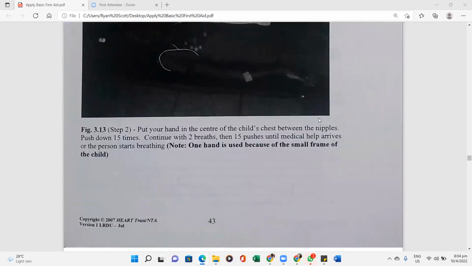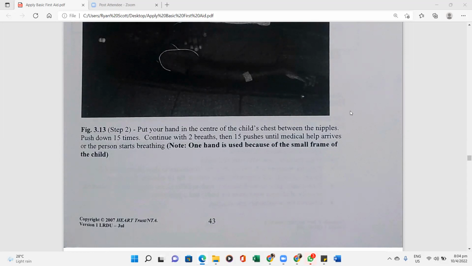Step 2, put your hand in the center of the child's chest. Put one hand, right, between the nipples, that's the nipple line. Push down 15 times and continue with 2 breaths. Then 15 pushes until medical help arrives or the person starts breathing, okay?